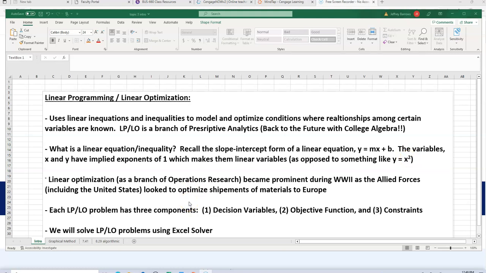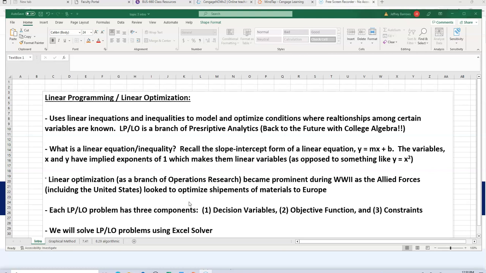Just a quick point for old history's sake. This idea of linear optimization or linear programming is really a branch of what we call operations research or management science, before we got into this period of analytics.